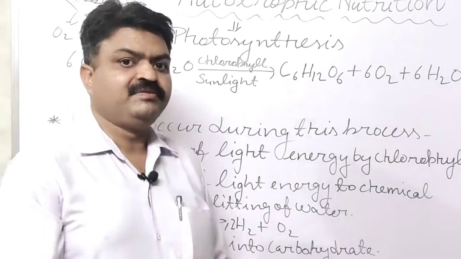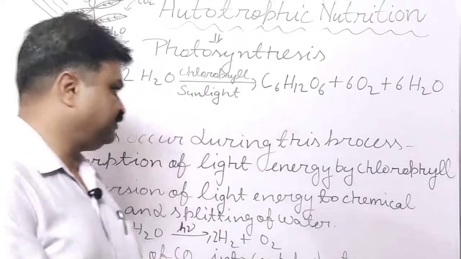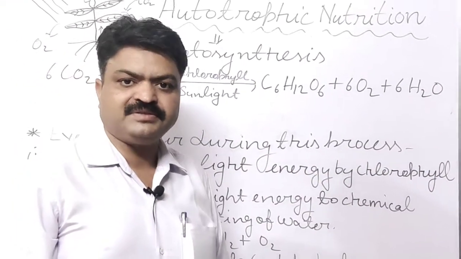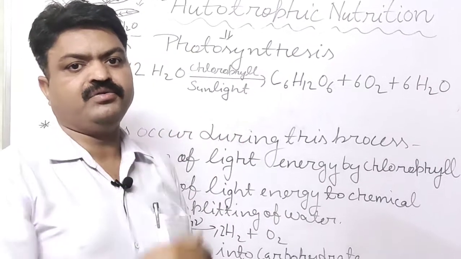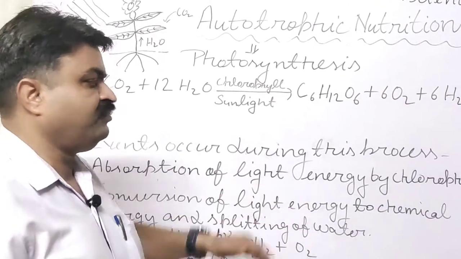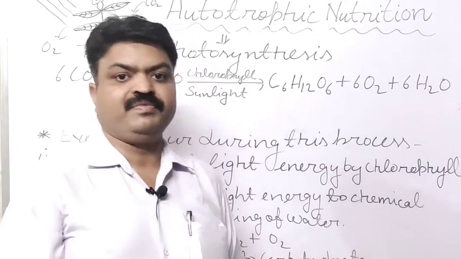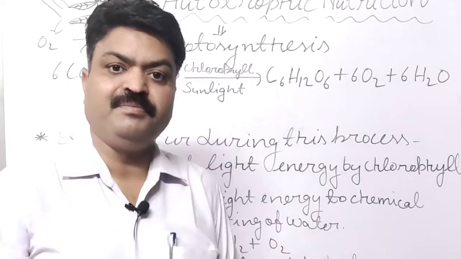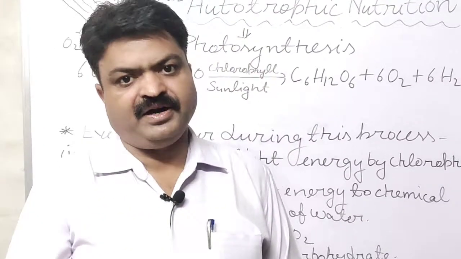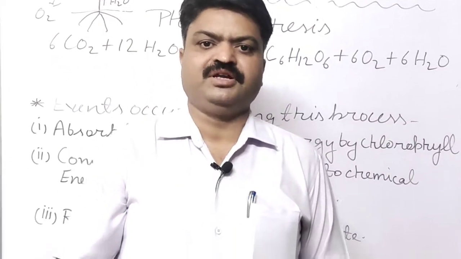Now the events that take place in photosynthesis, students, we will discuss. First, absorption of light energy by chlorophyll. First the sunlight falls on the leaves of the plant, where it is absorbed with the help of chlorophyll. In this there is one metal also involved, students, and that metal is found with chlorophyll, and we call it magnesium.